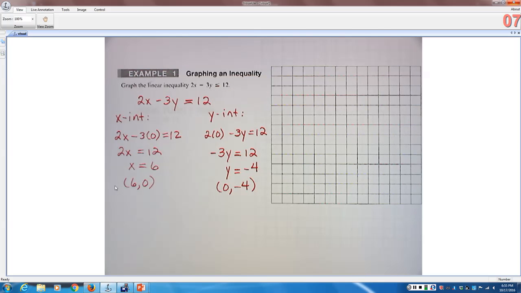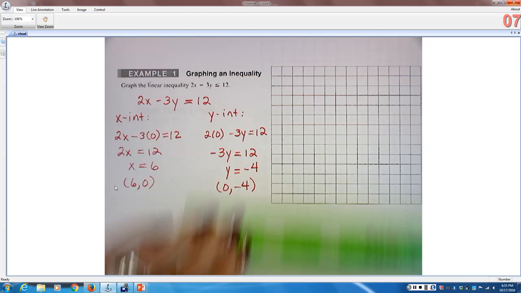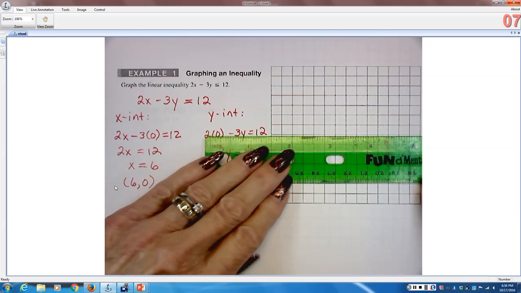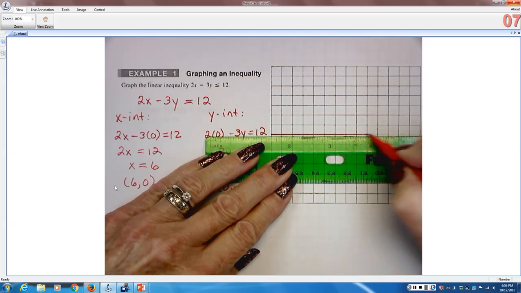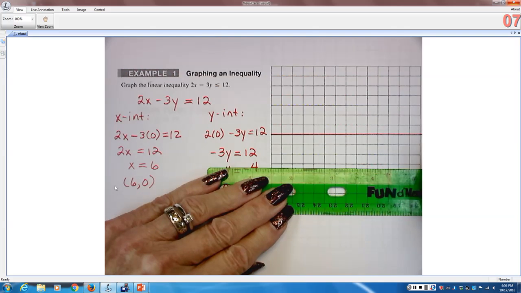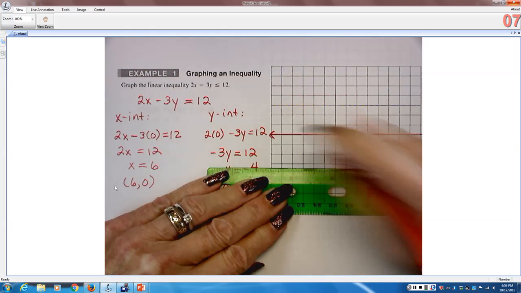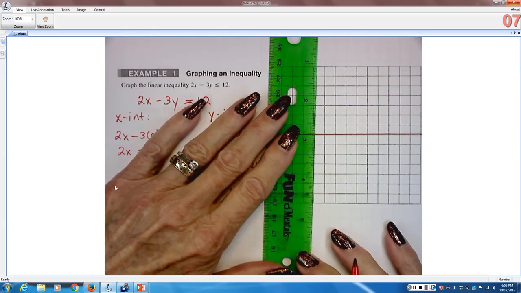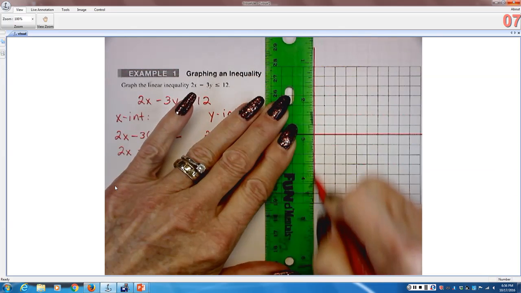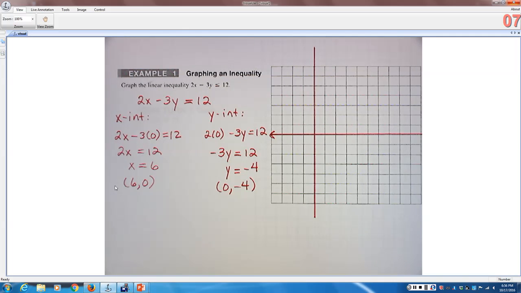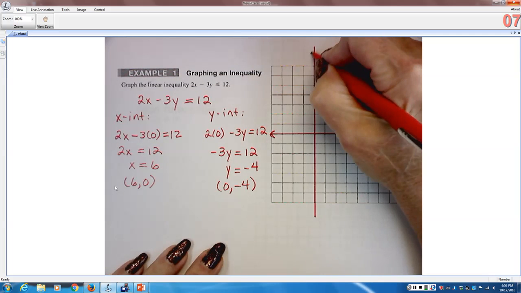So we're going to graph that equation first of all. So there's my x-axis. There's my y-axis.